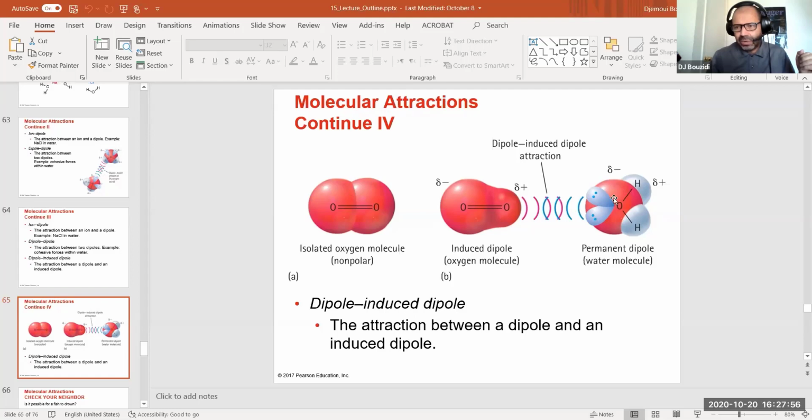The negative side, the oxygen side, is facing the other oxygen, so it moves the charges because it's negatively charged. It repels the charges to the other side, and now the oxygen molecule would look like it's polarized. This is an induced effect; it doesn't occur by itself, just similar to the experiment we did with the balloon.